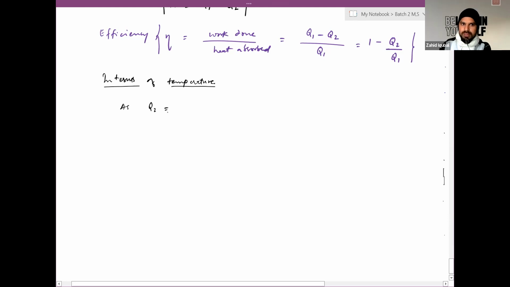So it will equal the work done along C to D, which is nRT2 log of V final divided by V initial.